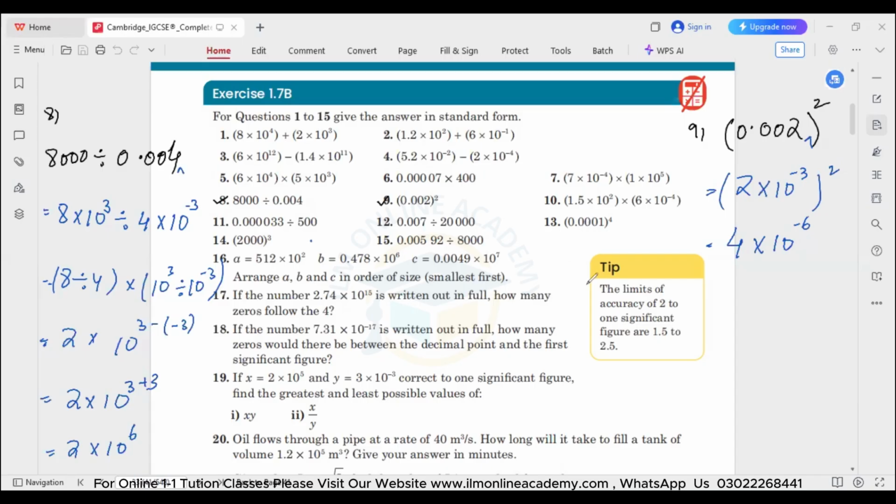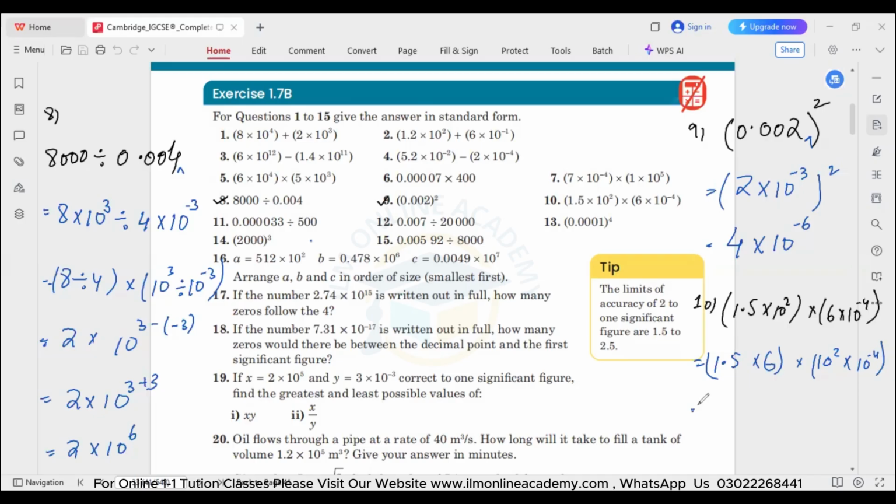Let's move on towards the 10th one, and the 10th one again is a multiplication question. We have 1.5 times 10 raised to the power 2 and 6 times 10 raised to the power negative 4. So numbers you need to multiply together and powers you need to add. As we have 1.5, you will multiply it with 6, and the powers you will deal with separately.